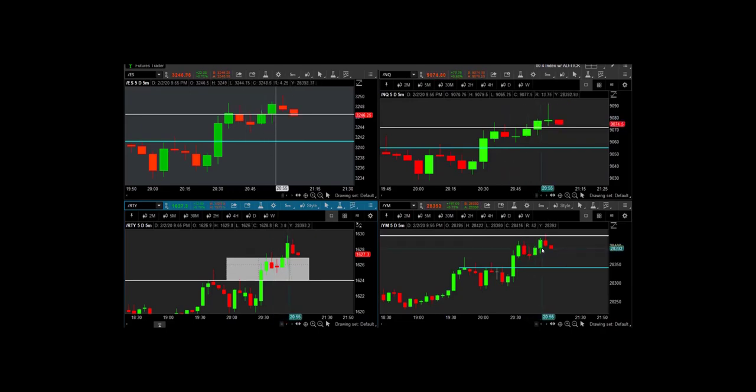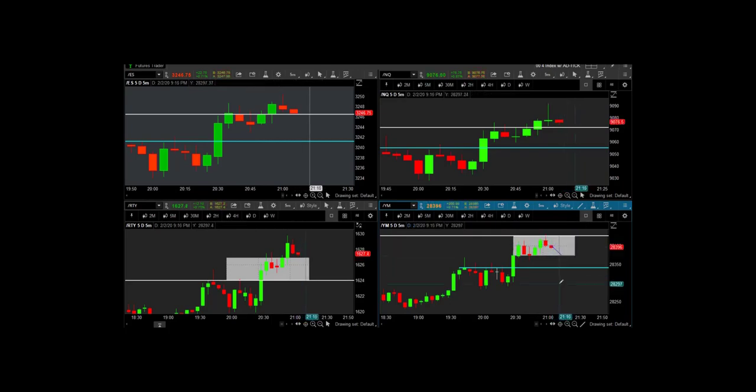For the Dow, we're really just floating. We have nothing to run on except that we can draw a box here. And we could say that this red line here, this pullback in the candles, needs to hold here and not break out of that box. So the Russell, we want to see it hold on the top of this box.